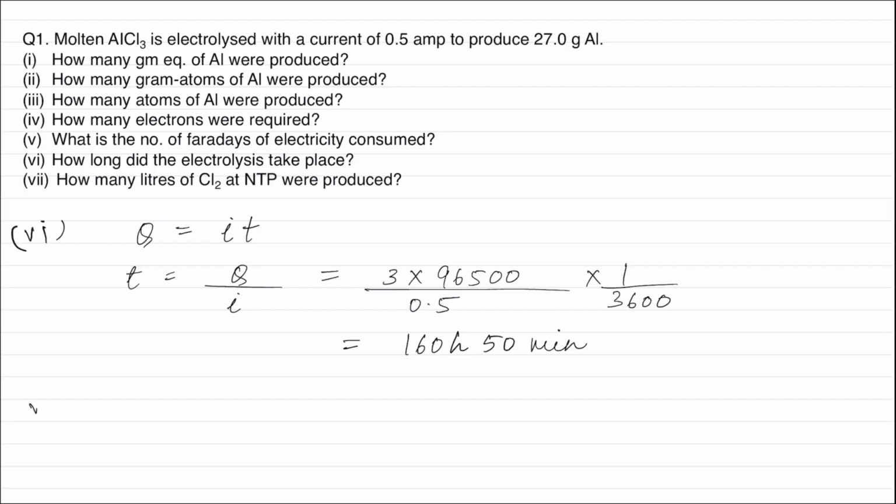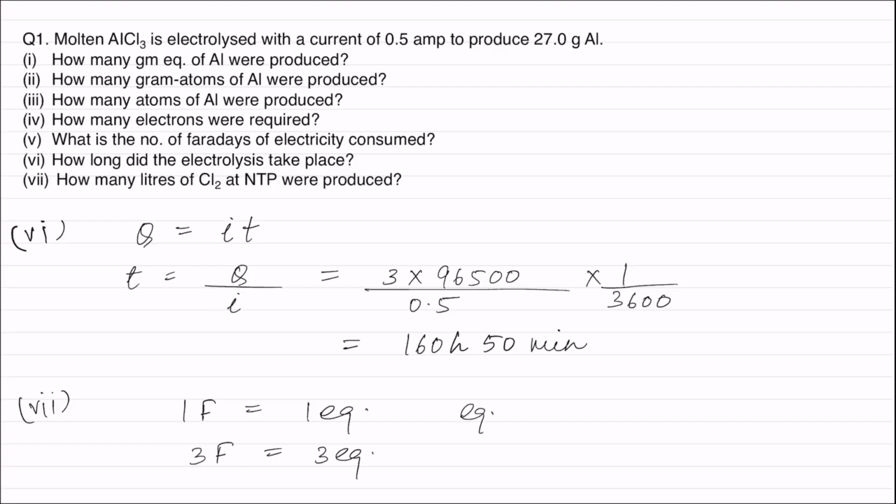Now, the seventh part of the question, how many liters of chlorine at NTP were produced? Now we know that in this electrolysis, 3 Faradays of electricity was consumed. 1 Faraday of electricity liberates 1 equivalent of substance. Therefore, 3 Faradays of electricity will liberate 3 equivalents of substance. Therefore, equivalents of chlorine liberated is 3 equivalents.